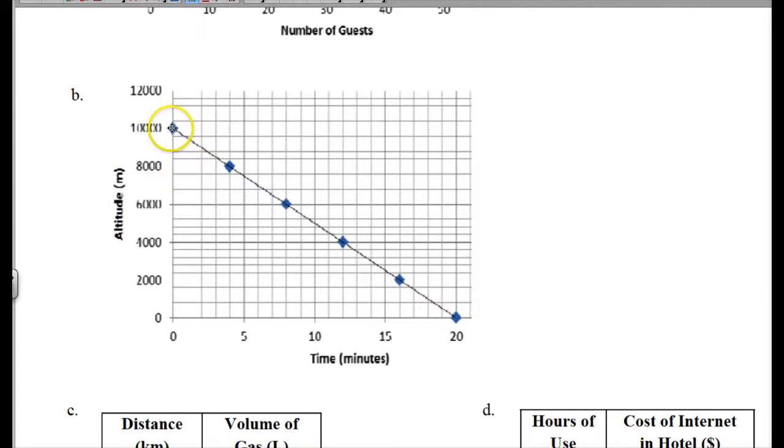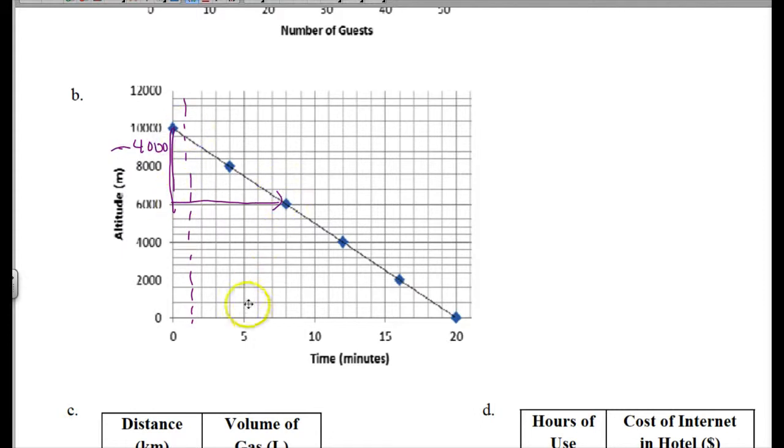Altitude. So we are going down in 4 minutes. We're just sort of missing a little. Let's see. We go from 10,000 down to 6,000. So that'll be down 4,000.